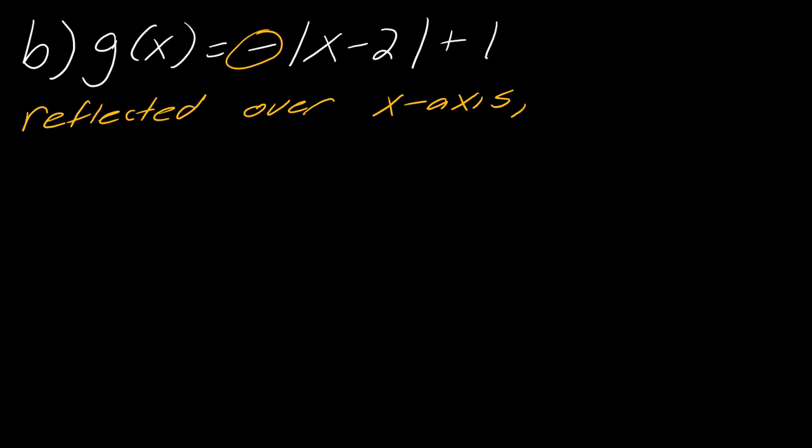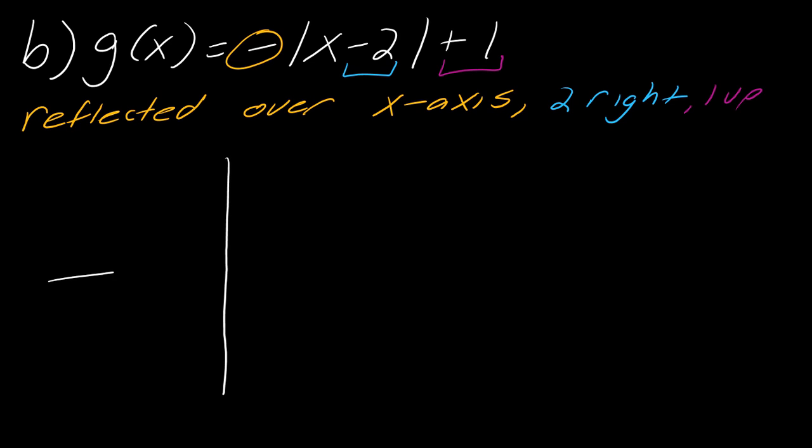And then this is going to move 2 to the right and 1 up. If you want to think about that, I would actually challenge you to try to draw that on your own just to see how you're understanding this. You'll get more out of the video if you do that. So maybe pause here and then hit play when you're ready.